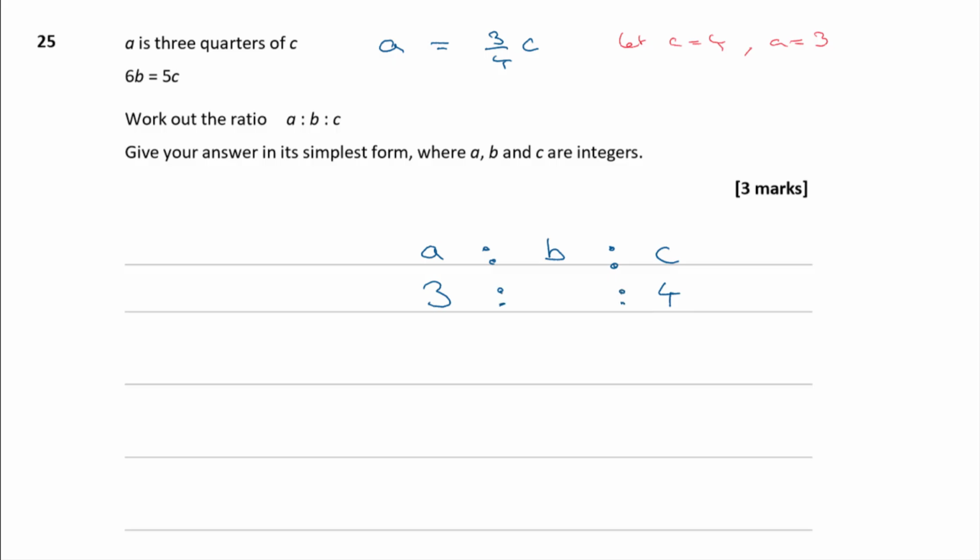Right, and then for the second one, when 6b is equal to 5c. So I could do a similar thing here. I could say b is 5c over 6. So if I let c be equal to 6, then what would b be?